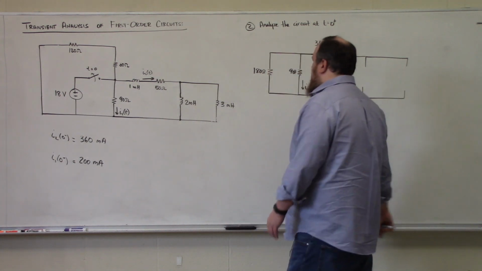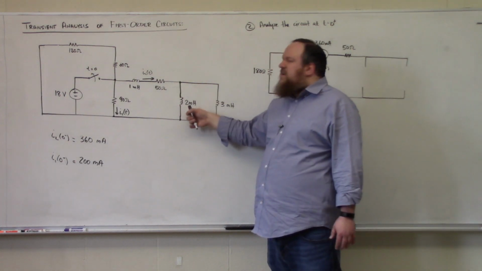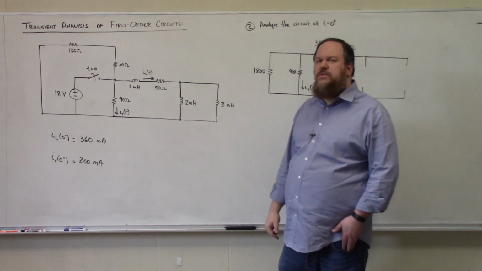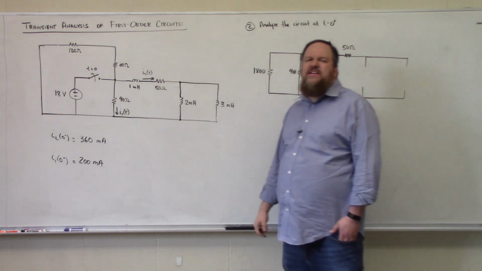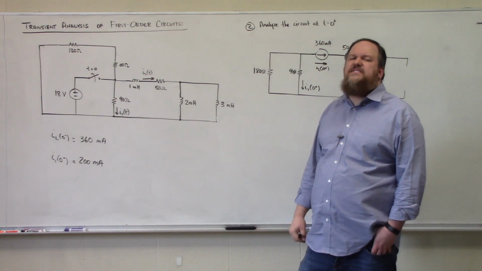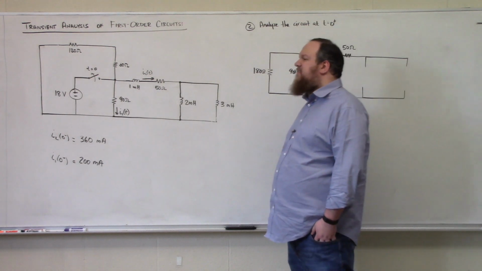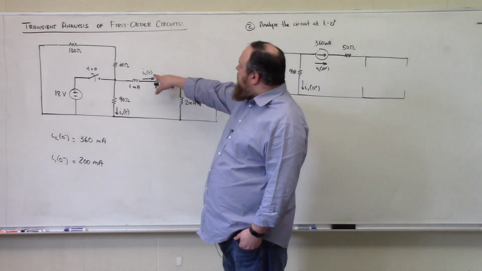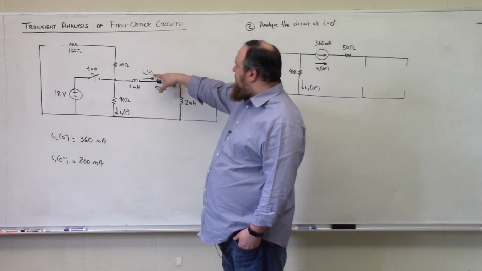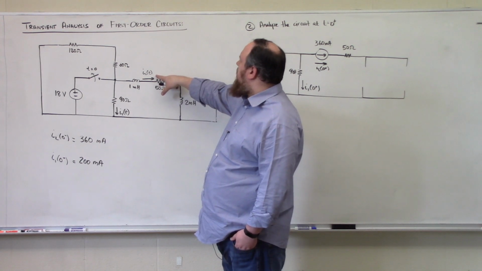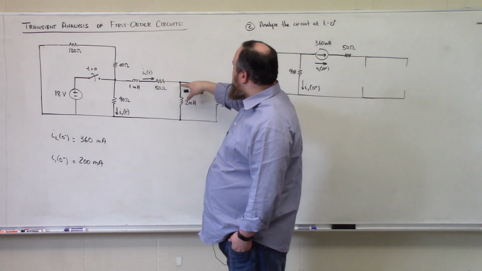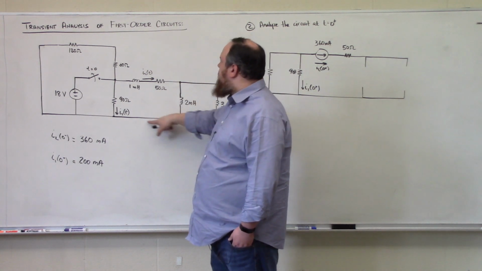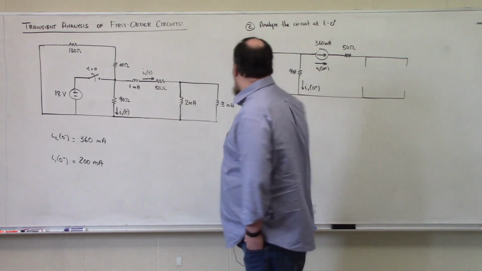Now, for these other two inductors, we don't know how much current flows through each individual inductor. And because we were at DC steady state and we were treating them as short circuits, it would be extraordinarily hard to figure out a means by which to distribute that current. We do know that that 360 milliamps of current, when we're looking at this circuit at t is equal to 0 plus, flows through this resistor, and then the total amount of current flowing through this network has to be 360 on this return path.